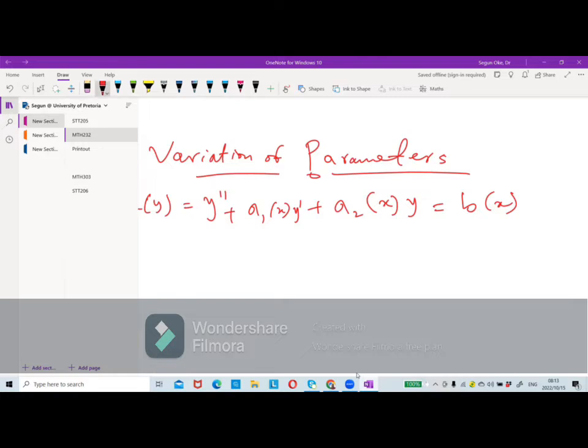Step 1. The number 1 thing you need to do is put your equation in standard form. This is the standard form. Equation 1 here is the standard form.